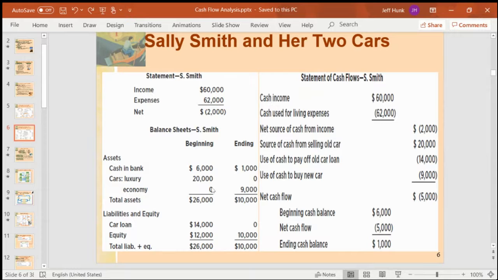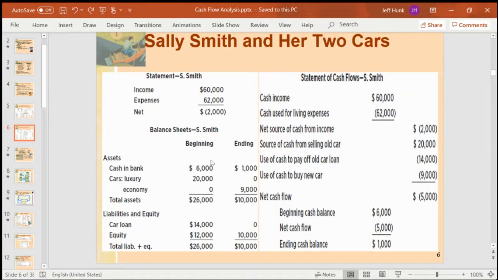She didn't have any economy car, but during this year, she swapped it with an economy car, which is worth 9,000, right? So at the beginning, economy car value 0. At the end of the year, luxury car value 0, right? And 9,000 economy. So these are all our assets.